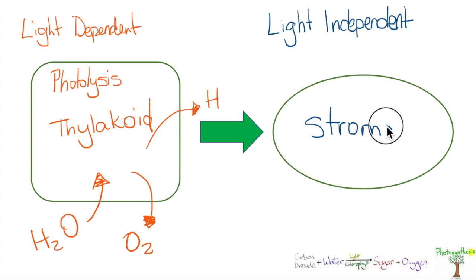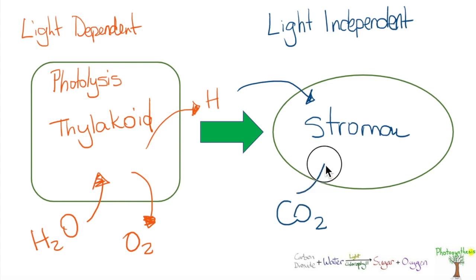And this is where we get hydrogen in, and we also get the carbon dioxide coming in. And what happens is we do the Calvin cycle.